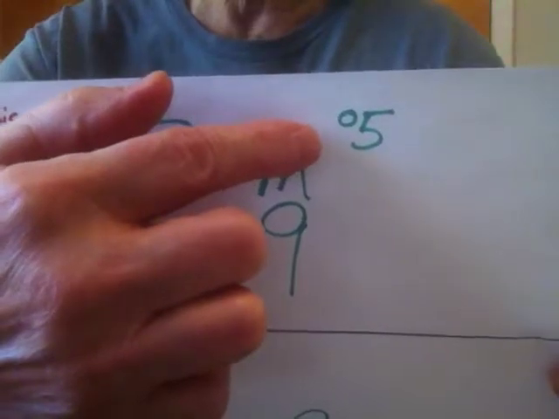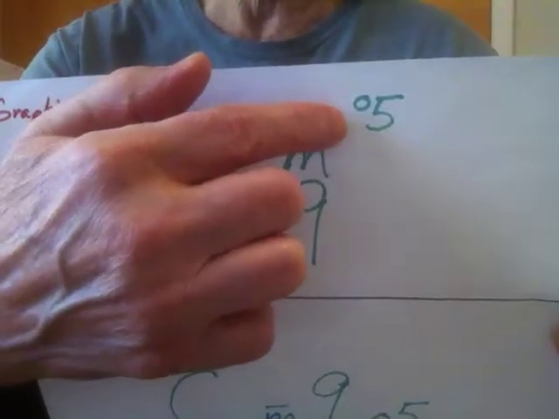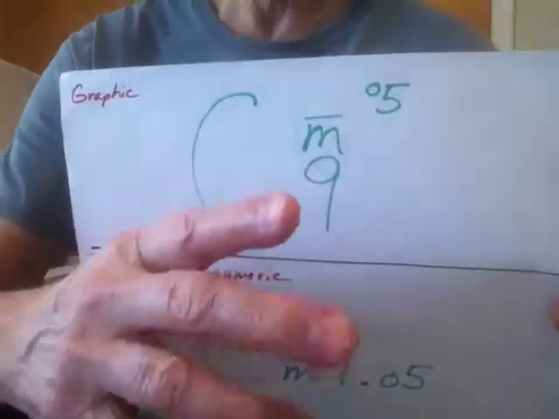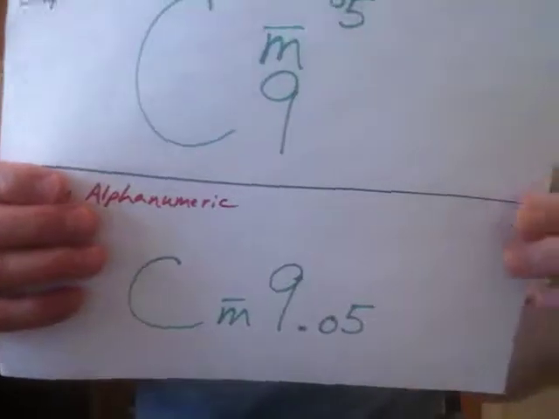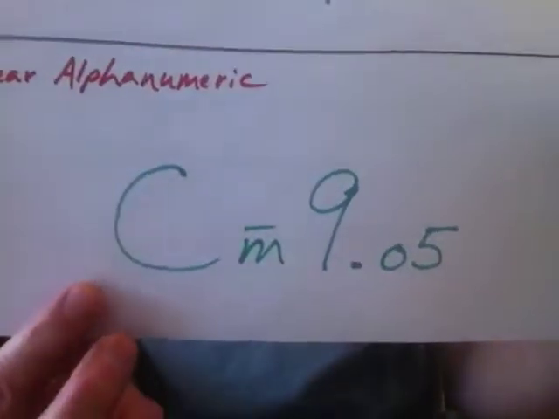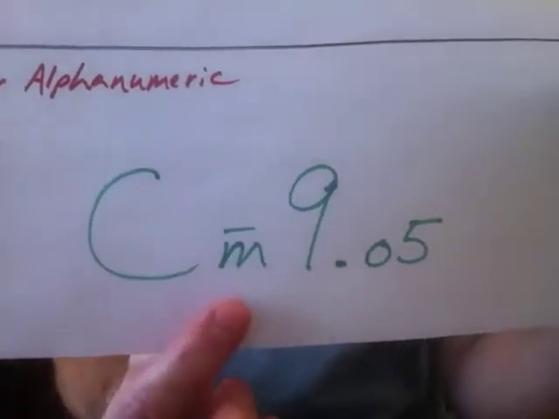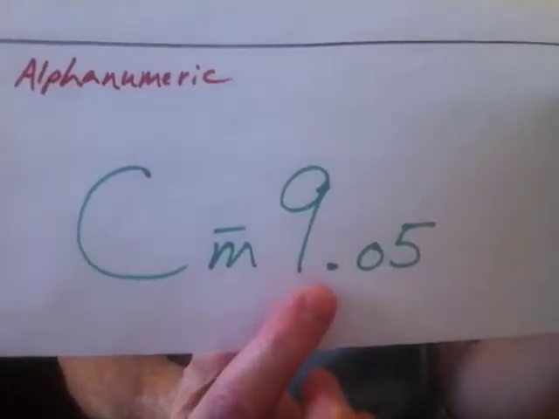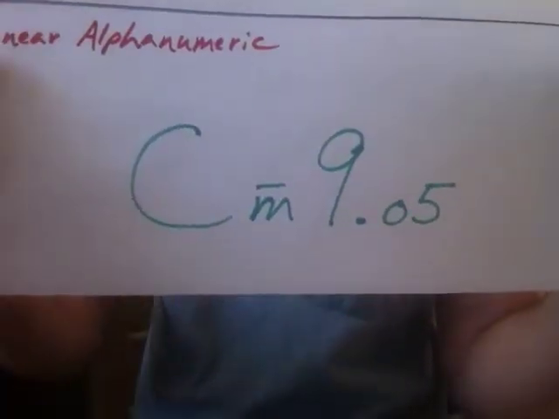The 5th has been diminished. The perfect 5th was removed, and the diminished 5th was placed in there. I'm saying this mentally. Now here we see the same thing, only it's linear alphanumeric. You've got numbers and letters: C minor 9, point, diminished sign and the 5. Same thing. We talked about that.